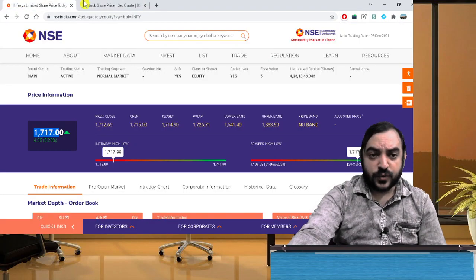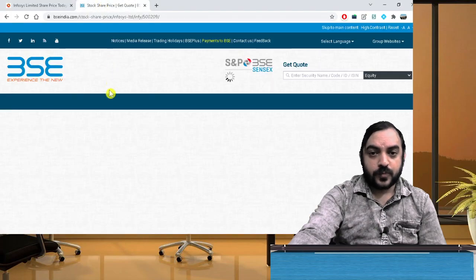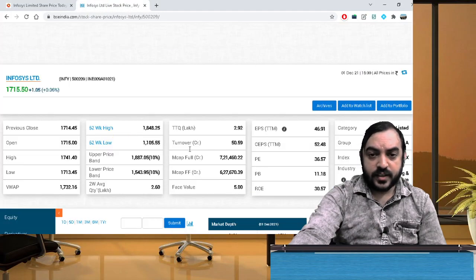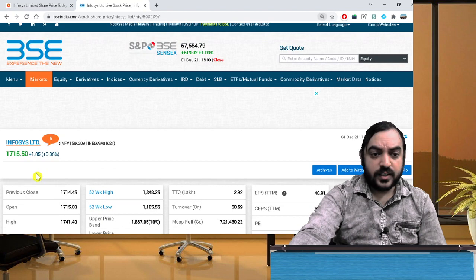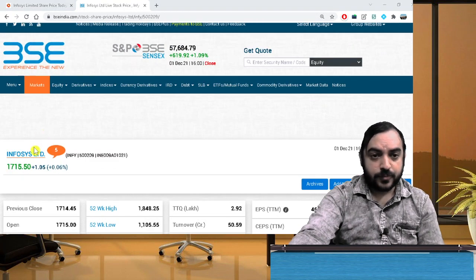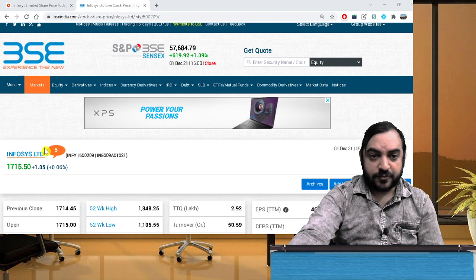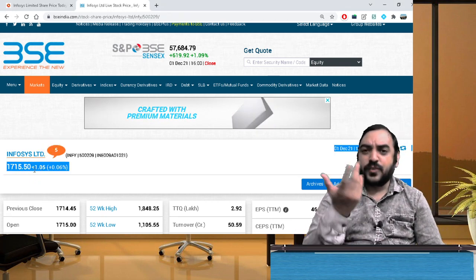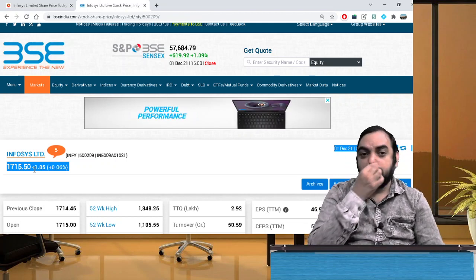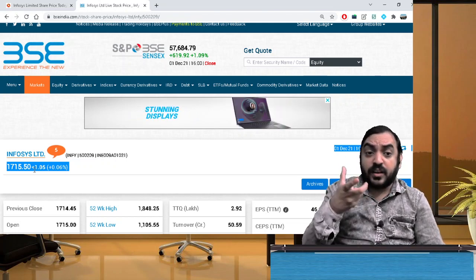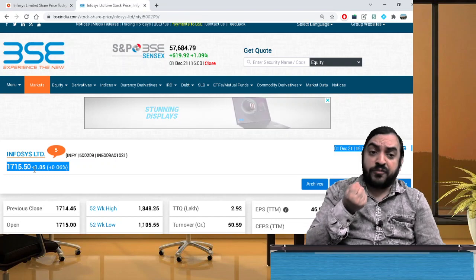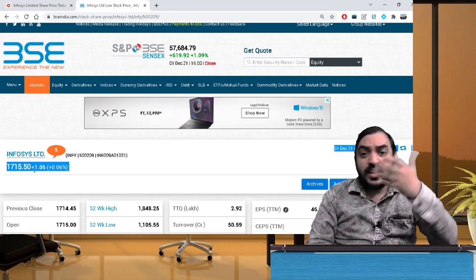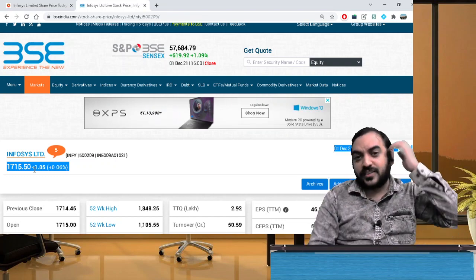There it was 1717, and here it is 1715.5. 1716. You see, only 1 rupee difference. So if you want to do arbitrage here, you buy at 1715 and sell at 1717, the brokerage will eat away all your profits.